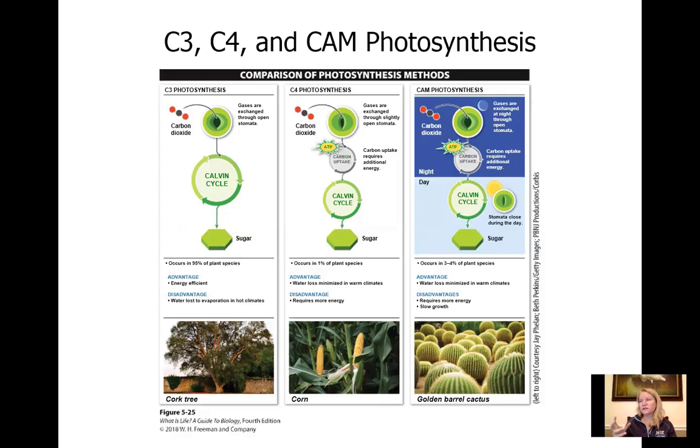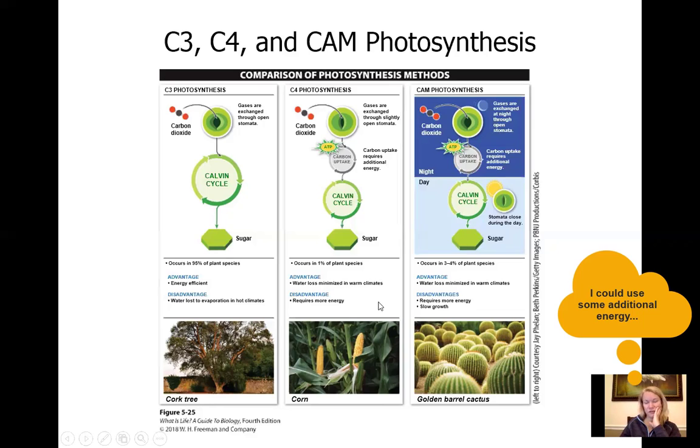It says the carbon uptake requires additional energy because it kind of stores it. There's more storage involved, I believe, in those plants. But the stomata aren't wide open, so there's not as much water loss. Great, but it does take more energy to do this.